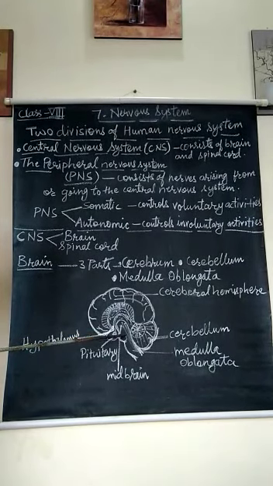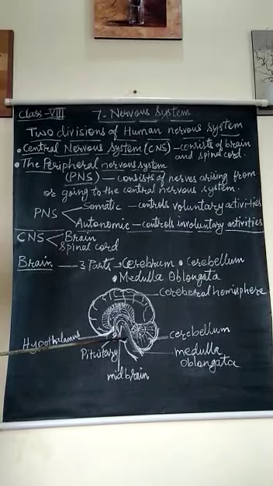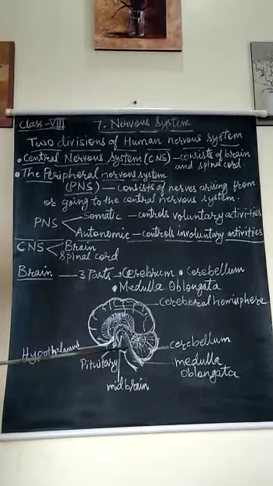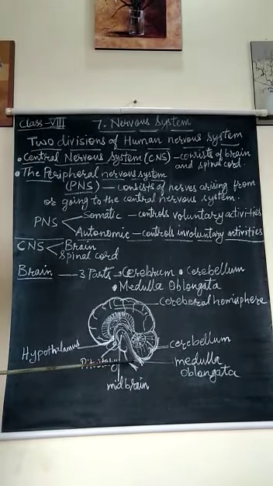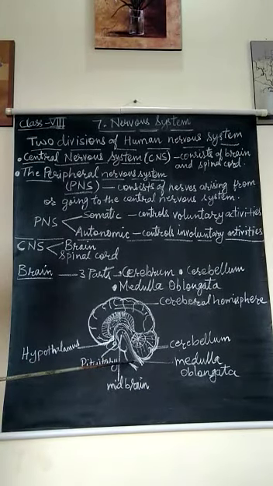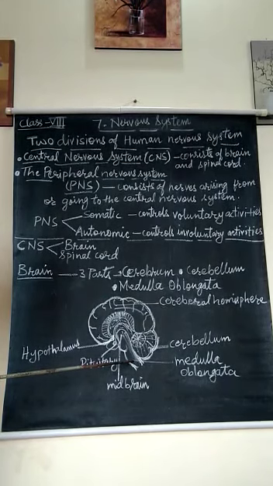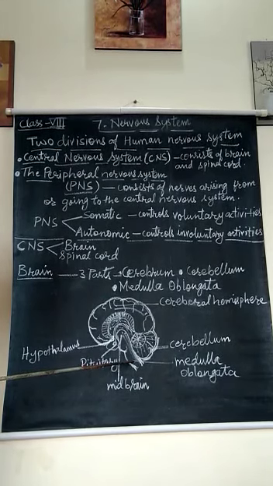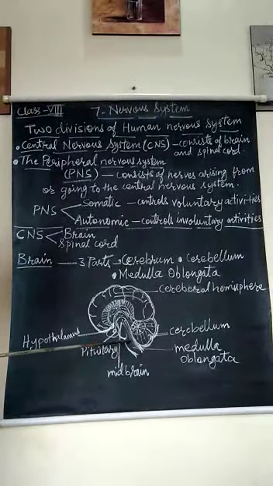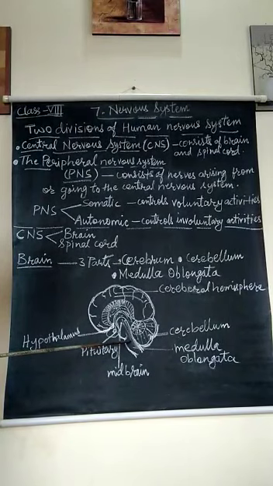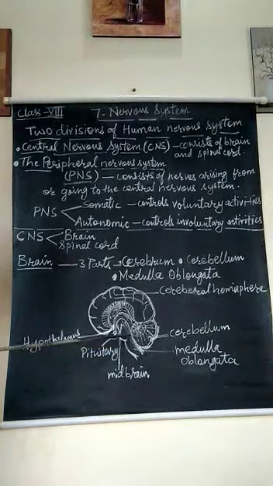Its function is to control the activities of internal organs, means all the involuntary actions are controlled by medulla. That is beating of heart, breathing, peristalsis of the alimentary canal. Peristalsis means movement of food in digestive system. Any injury to the medulla may result in the death of a person.